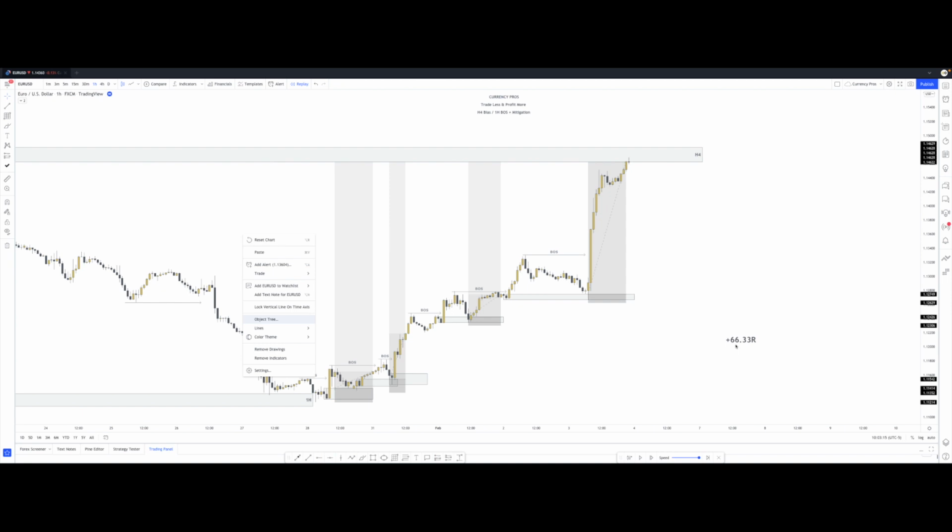Okay, if you're risking 1%, that represents 66% gain on your capital. And even if you're risking 0.5%, which I often do, that still represents 33R within 6 days, almost 7 days. That to me is absurd. And it's very inspirational and motivational. So I hope that it had that effect on you guys as well.